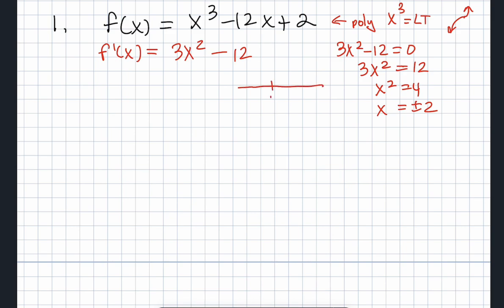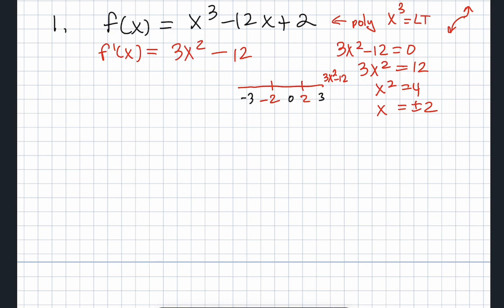If we make a plus and minus chart for the first derivative, since I didn't actually factor it, which I could have, I'm just going to plug into the entire thing. Okay. So let's do test values of -3, 0, and 3.